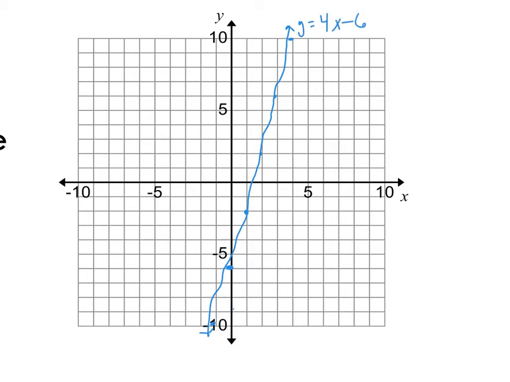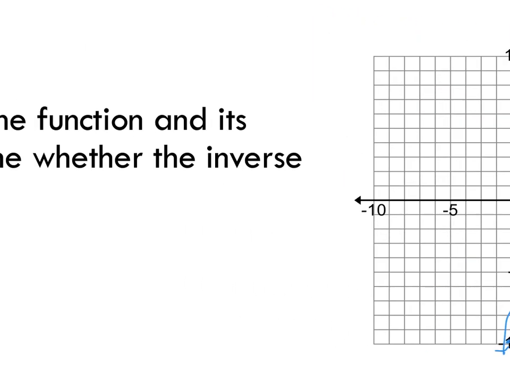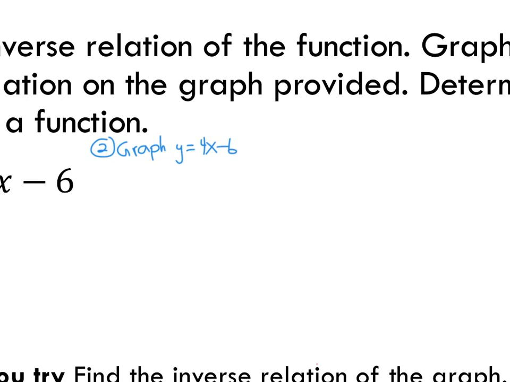Okay, so what I would suggest you do next is you make an xy table based off of the function. So if we had y equals 4x minus 6, we know when x was 0, we graphed negative 6. We also graphed when x was 1, negative 2.